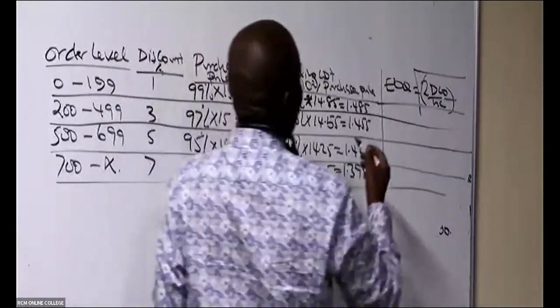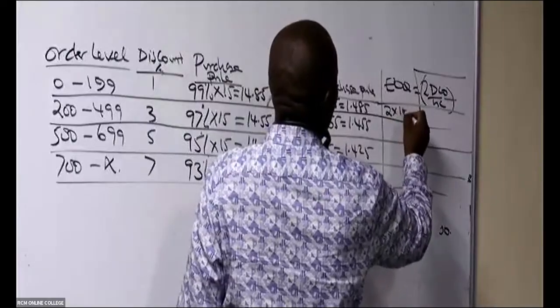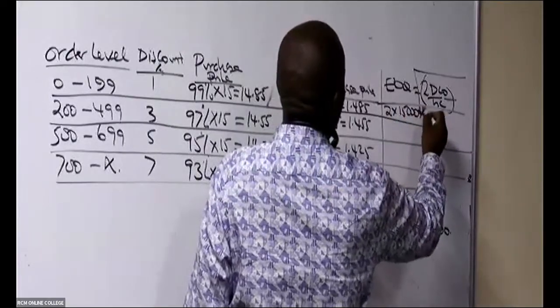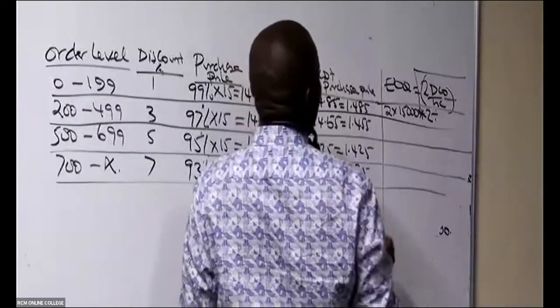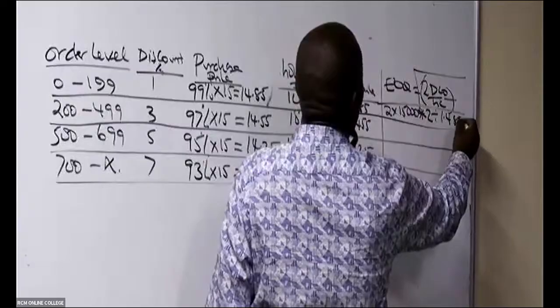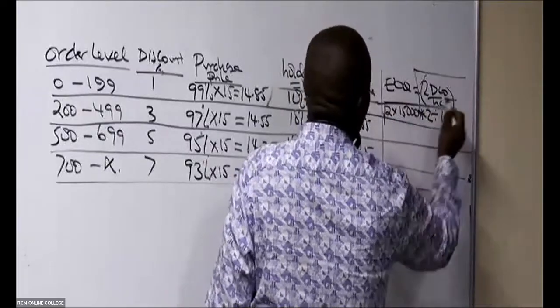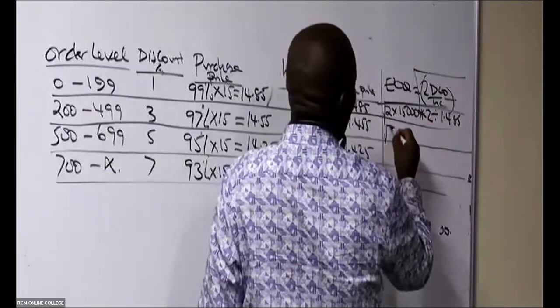So it will be 2 times 15,000 times cost per order, which is given as 2, divided by the holding cost here, which is 1.485. And then I take the square root, of all of them.